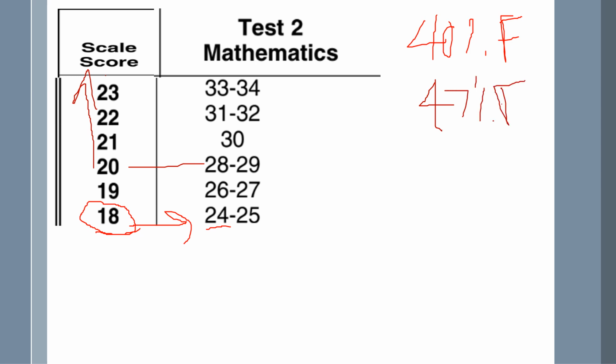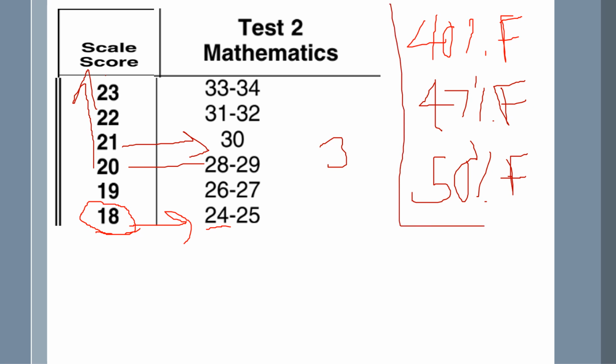Go above. And then 21 is a 30. So that means you have to get 30 out of 60, which we know is a 50%. These are what the United States of America is asking you to make if you want to get paid. Let me correct myself.